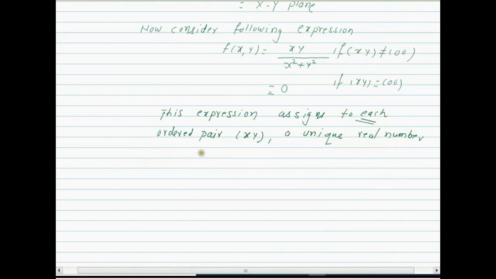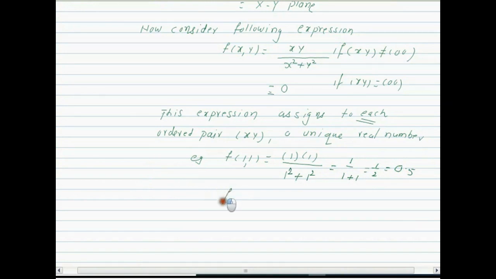How? For example, f of (1, 1): our x will be replaced by 1, y will be replaced by 1, both variables taking the same value. So it is x into y, 1 into 1, upon 1 square plus y square, that is 1 square. So 1 into 1 is 1, divided by 1 square plus 1 square is 2, so 1 by 2, it is 0.5.